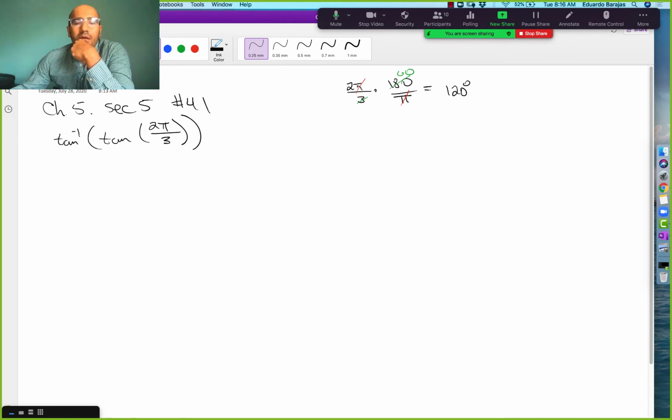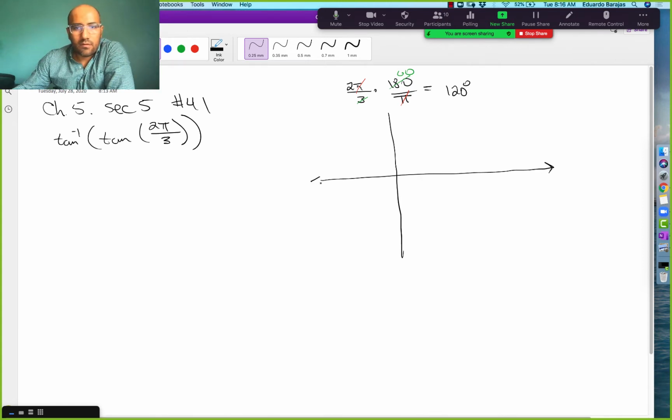Okay, now note that a rough sketch of the tangent graph looks like this. We have tangent, let's put it in blue. Tangent comes up and goes like that, and like that, and then there are these asymptotes.